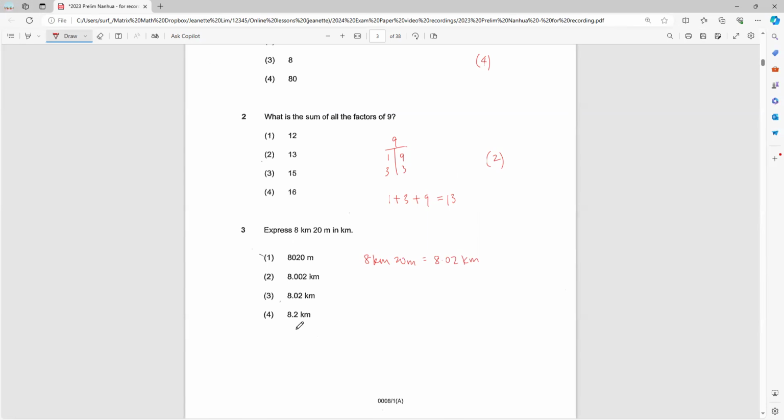If you multiply by 1,000, you get 8,020, which is your 8 km 20 meters. It's not 8.2, 8.2 is 8,200. So this is option 3.